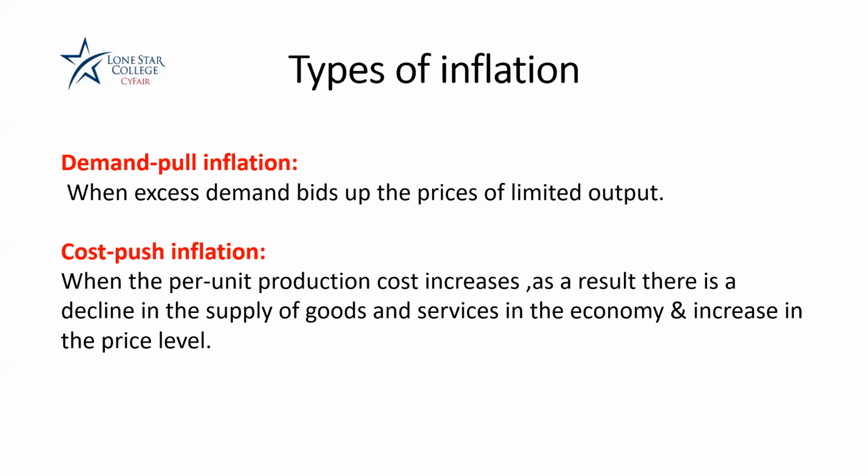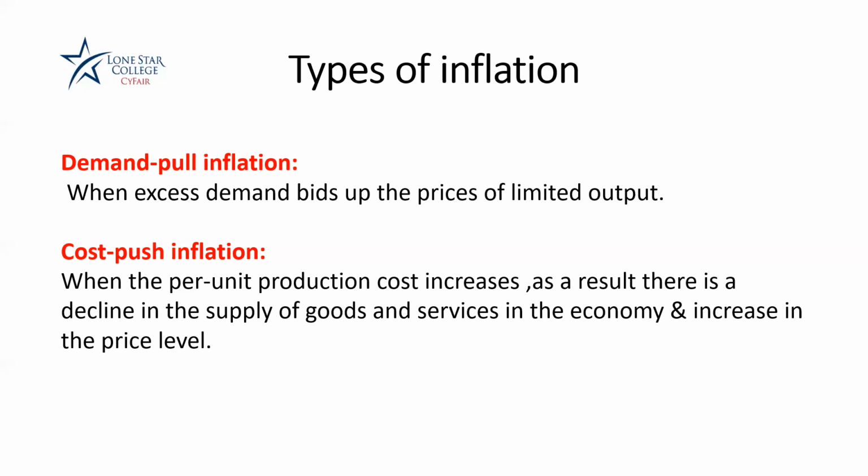So demand pull inflation is when the prices are going up because of the increase in demand. Remember, we were keeping the supply fixed and we were shifting the demand to the right. The result was higher prices, right? So that's exactly what demand pull inflation is about. So you'll see the higher prices because of higher demand, okay?